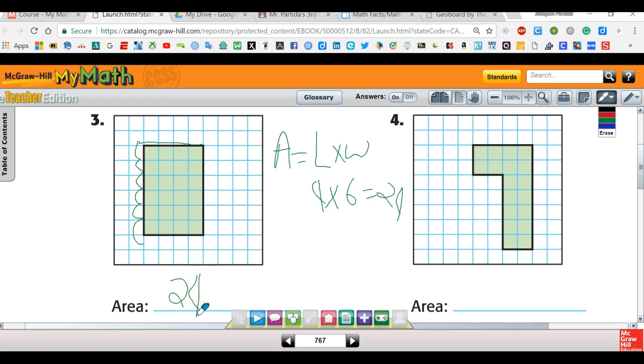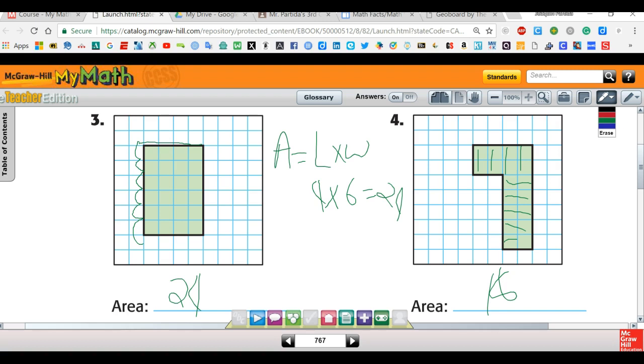Okay. Another way to figure this out would be what? Count all the squares inside, which would take forever, but okay. Or I can count by twos. 2, 4, 6, 8, 10, 12, 14, 16, 18.